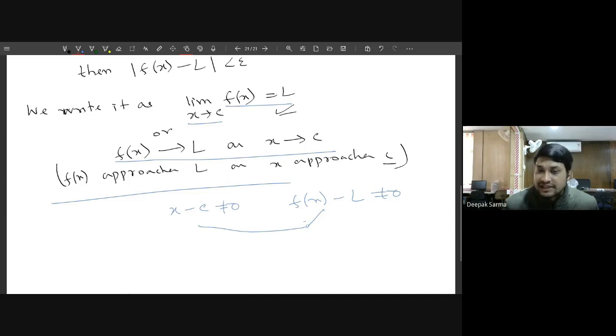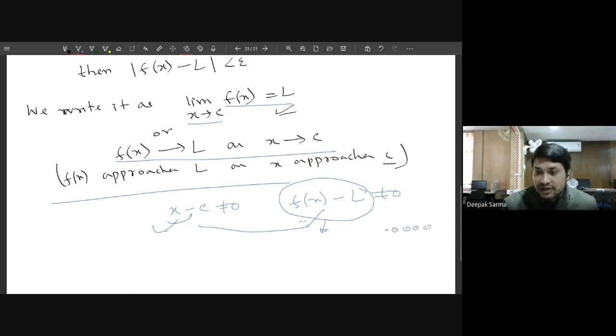f(x) minus L may not be 0, but it is very small. Very small means you give me any small number, and I can make this difference even smaller than that. How? I will choose x much closer to c, depending on your number. If you give me, say, 0.00001 and want this difference smaller than that, I will choose x such that x minus c is even smaller than some other number.